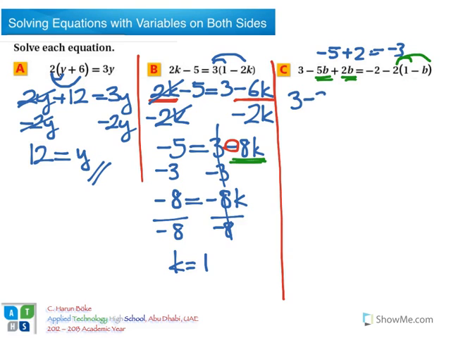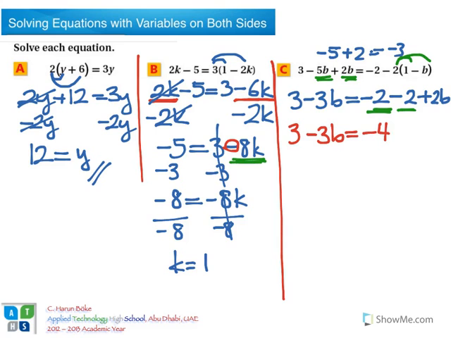So it will be 3 minus 3b equals, now I will expand, minus 2 minus 2 times 1 is 2, minus 2 times minus b, minus times minus will be plus, so it's minus 2b. Here again we have like terms, minus 2 and minus 2, so it will be like 3 minus 3b equals minus 2 makes minus 4, so it's minus 4 plus 2b.